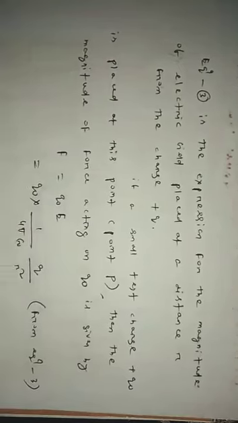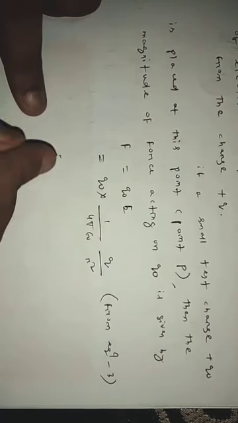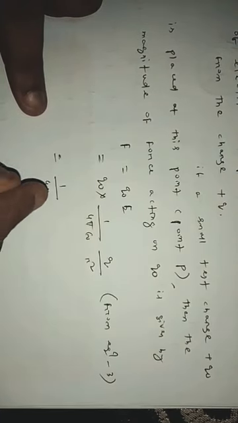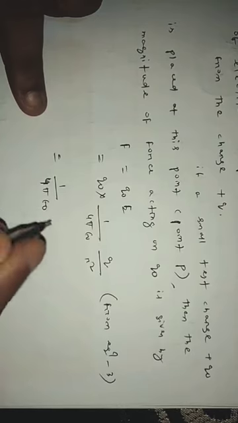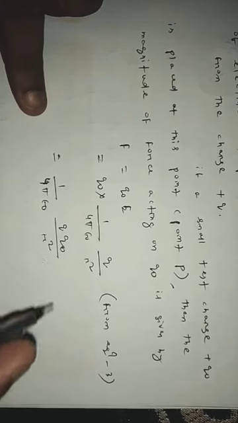From equation 3, we put the value of E: F equals Q0 into 1 by 4 pi epsilon 0 into Q by R square, which is equal to 1 by 4 pi epsilon 0 into Q into Q0 by R square.